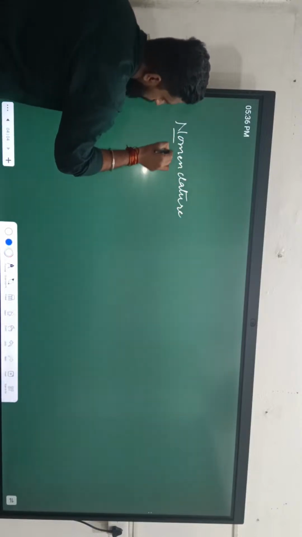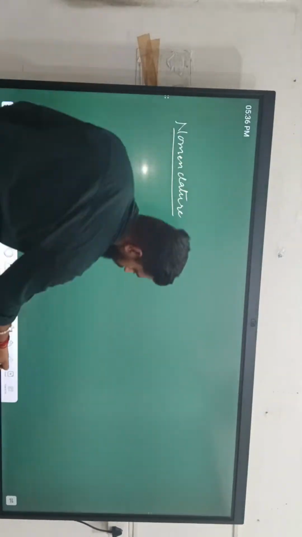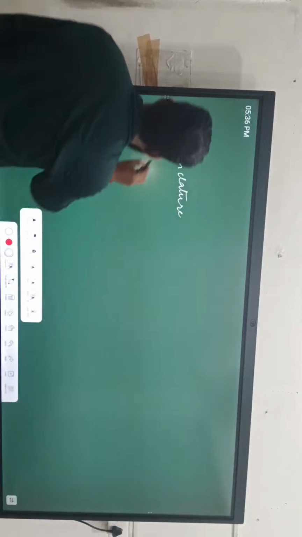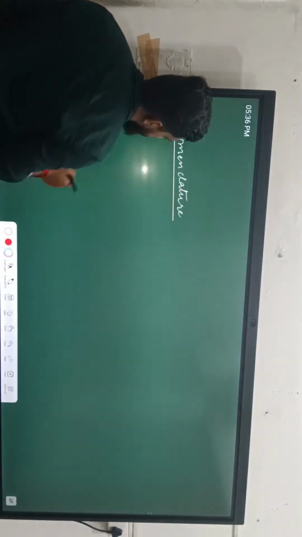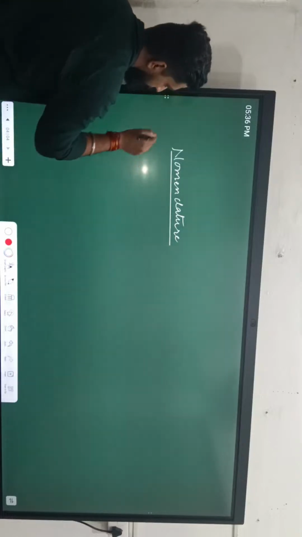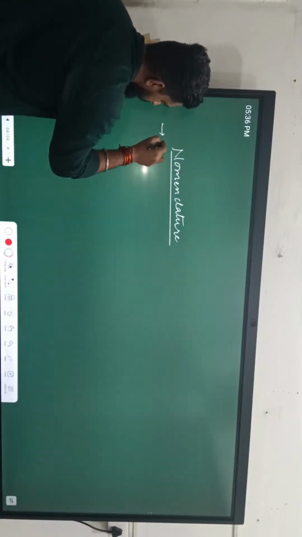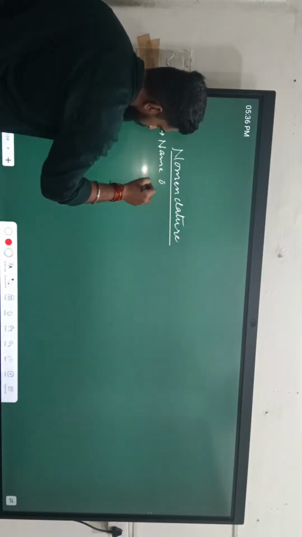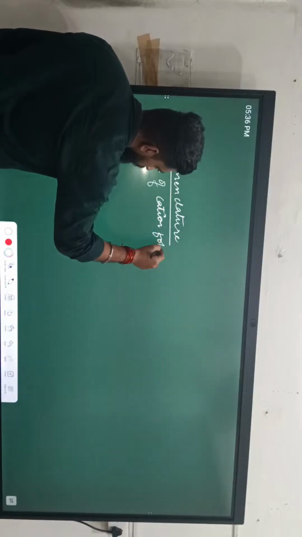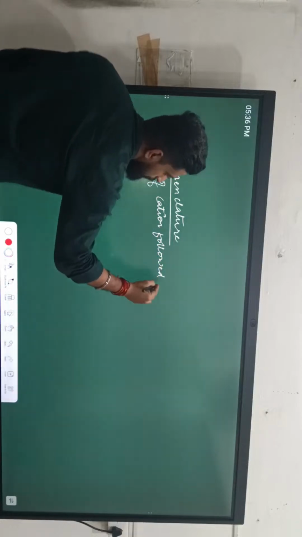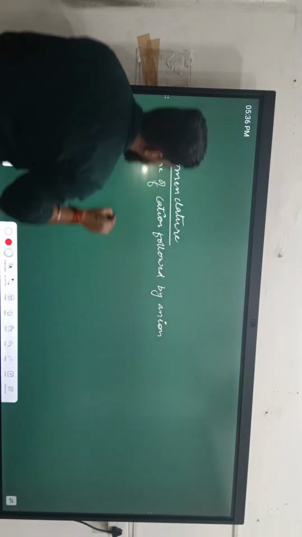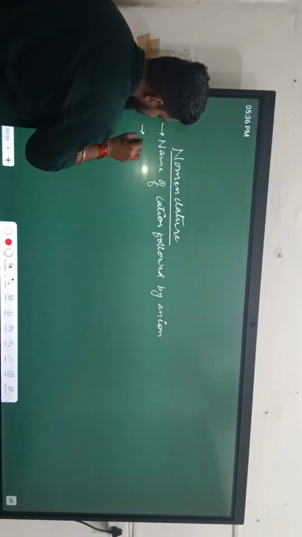Nomenclature, or how to write the names of coordination compounds. Name of cation followed by anion. Okay.